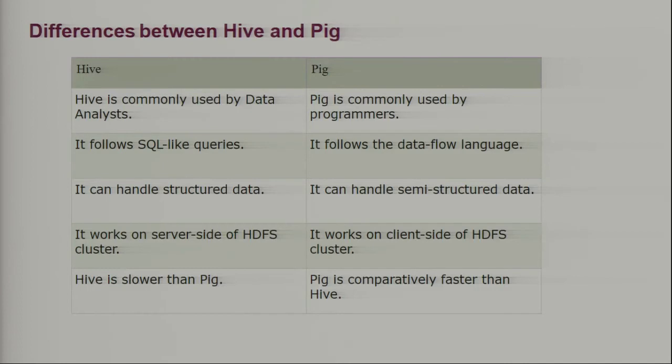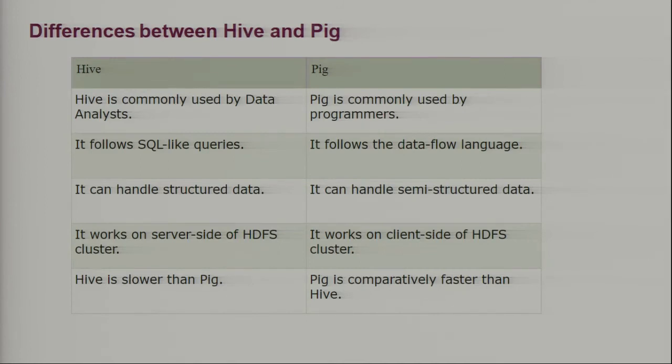Moving on to the quick point, the difference between Hive and Pig. We have certain introductory points on Pig. In this slide, Hive is commonly used by data analysts, because analyzing is important here: you are trying to analyze the data and perform operations on it.